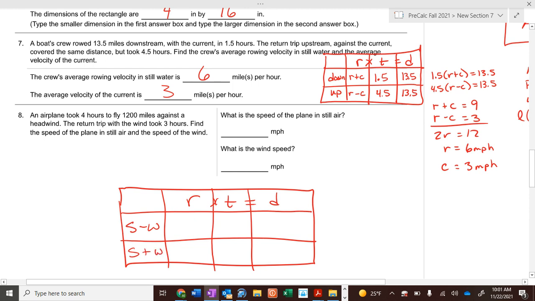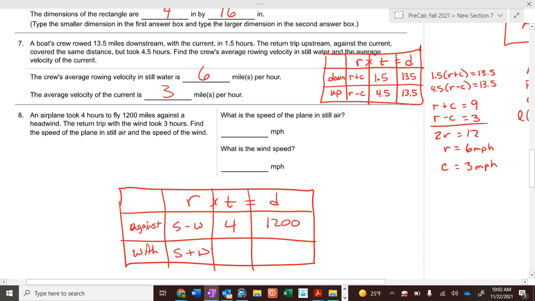Okay? So going there, that's our label. Against the wind, with. So they're going speed of the plane minus the speed of the wind. Took them 4 hours, and their distance is 1,200 miles.